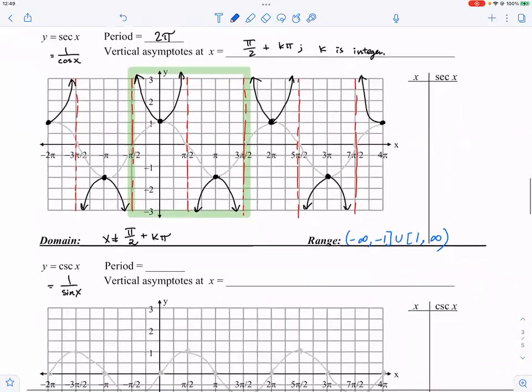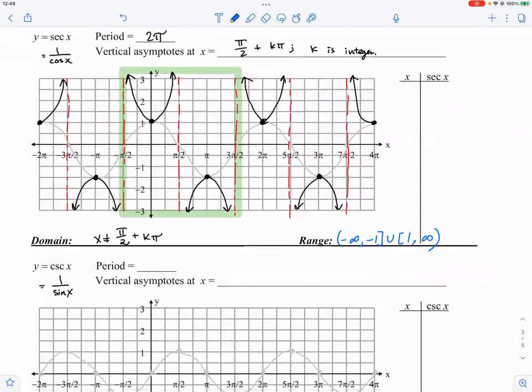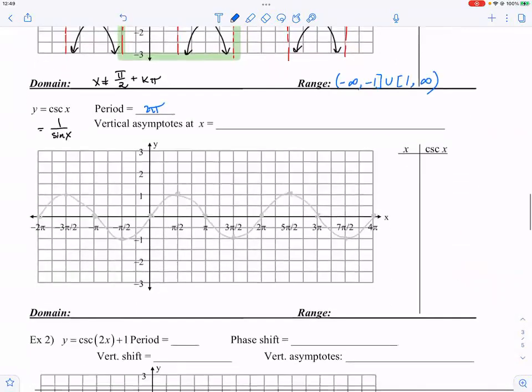Using this knowledge, go ahead and construct the graph for cosecant x. Okay, draw the asymptotes and the remaining parts of the graph. The period would stay at 2 pi.